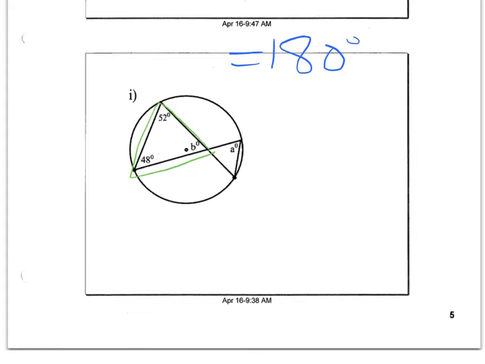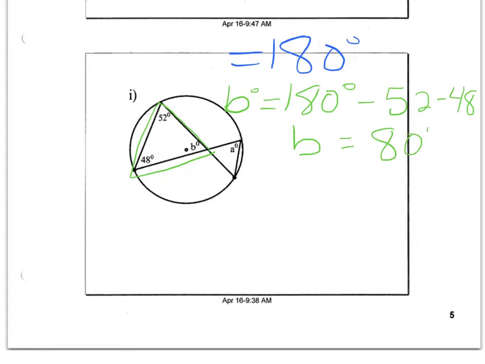B is not a central angle in this case. I know it's close to it, it is not central, so it makes a triangle. So to solve for B, we'll take total angles in a triangle, subtract the two that you know. So the angle at B will be 80 degrees.